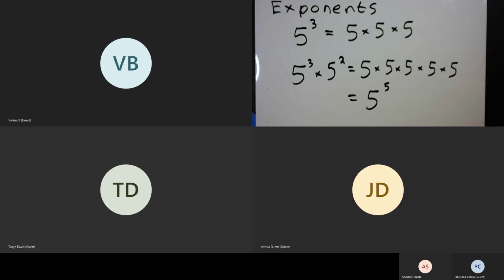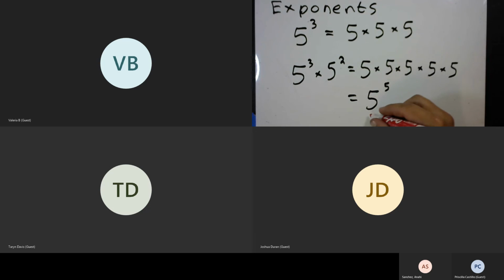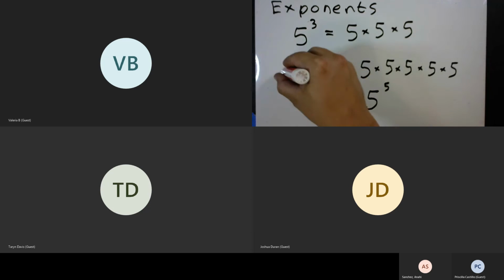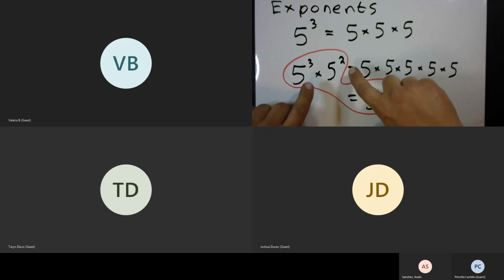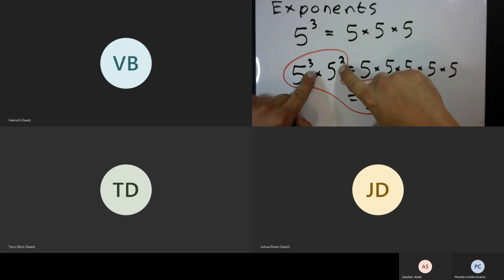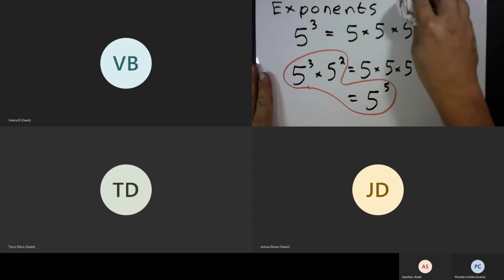Now, what we're looking for is a shortcut. We don't want to have to keep writing all these out and then counting them up. So we're going to notice something. To get this number, we just have to add those two numbers. And so this is what's called the product rule.